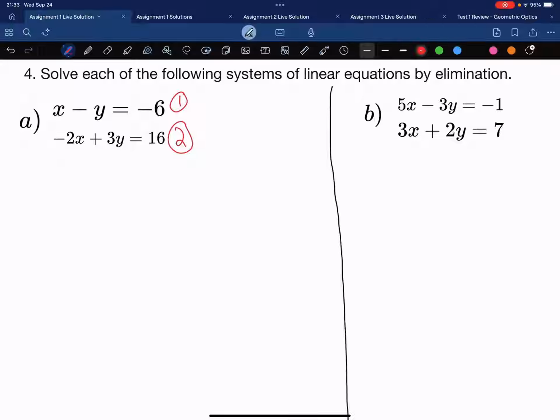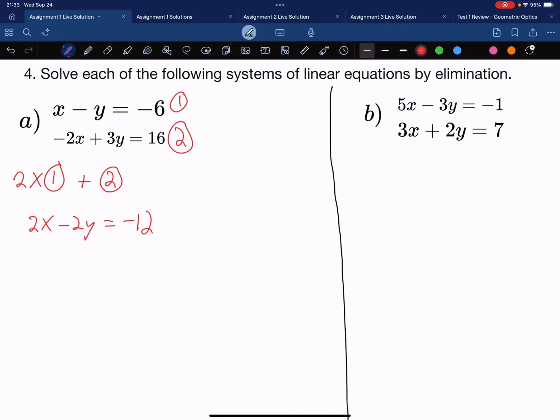So in this case, I have equation 1 and equation 2, just like last time, but I'm going to take 2 times equation 1, and I'm going to add that to equation 2. Now, what that looks like is equation 1. Instead of just writing x, I'm going to write 2x minus 2y equals negative 12.